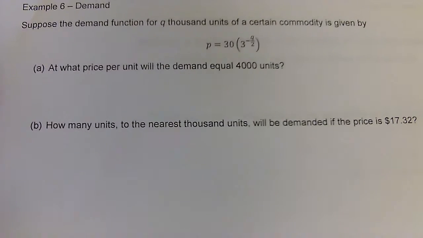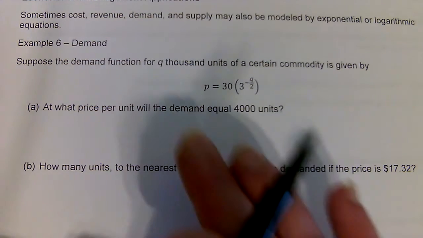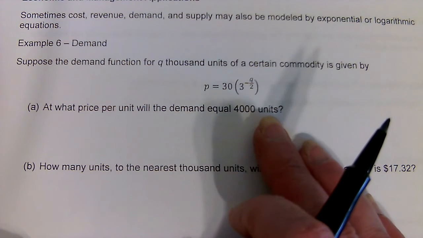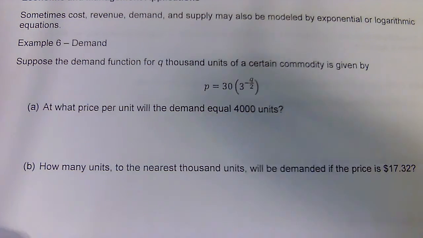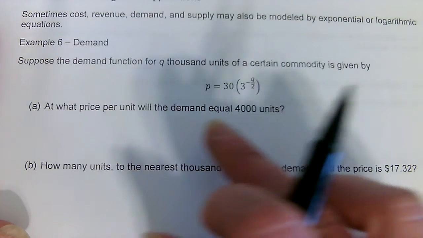Okay. The next growth model we're going to look at is an economics model. It's looking at a demand model. And so we have this demand model given. At what price per unit will the demand equal 4,000 units? So remember how this works. Q is the number of units, and it says Q is in thousands of units.